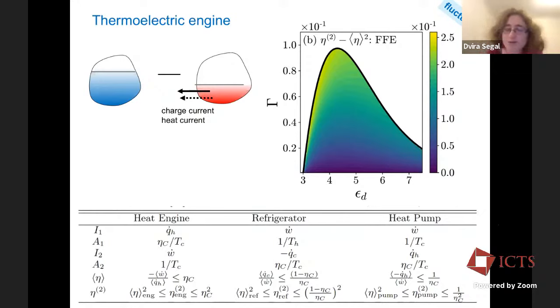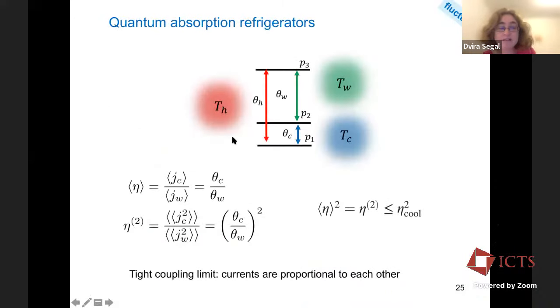So this is a far from equilibrium regime, when the affinities are large: whether it's in the thermoelectric engine, the bias voltage is high and the temperature difference is large, or for the absorption refrigerator, the temperature differences are going to be rather large. So we use the absorption refrigerator to test this inequality, these bounds, beyond linear response.